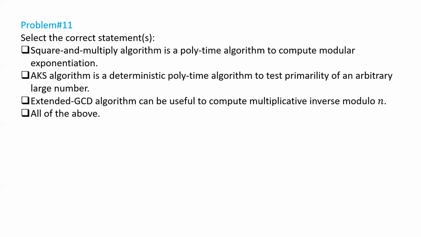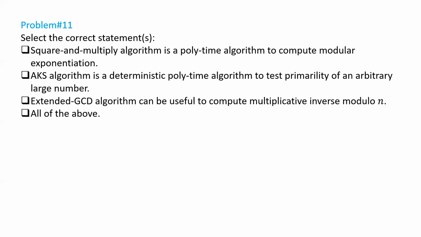By maintaining the U and V values at each step, at the end of the extended GCD algorithm you come up with the exact values of U and V. Now, in the case of computing the inverse, what do we mean by inverse? That AB should be congruent to 1 modulo n, right? That is when we say that A is the multiplicative inverse of B or B is the multiplicative inverse of A.